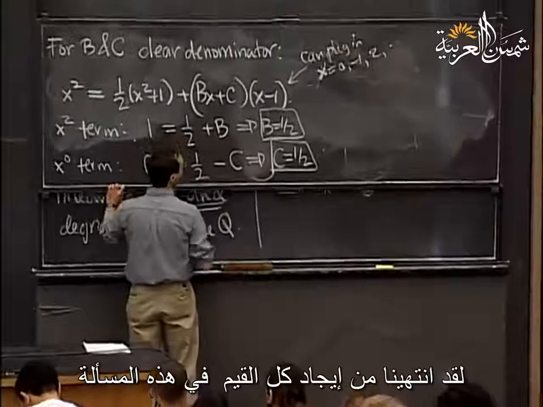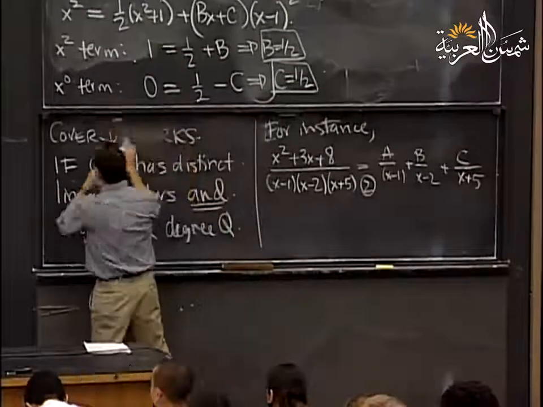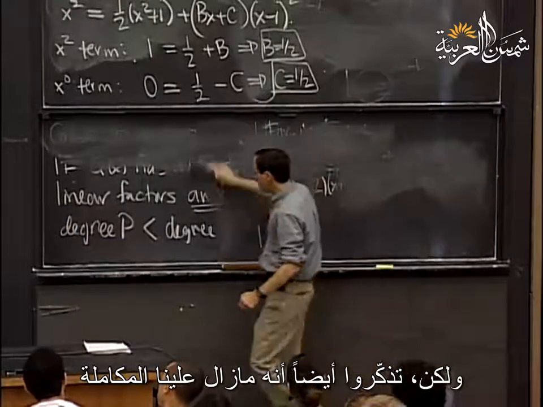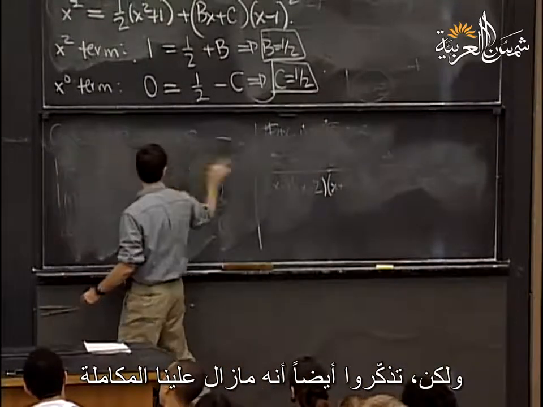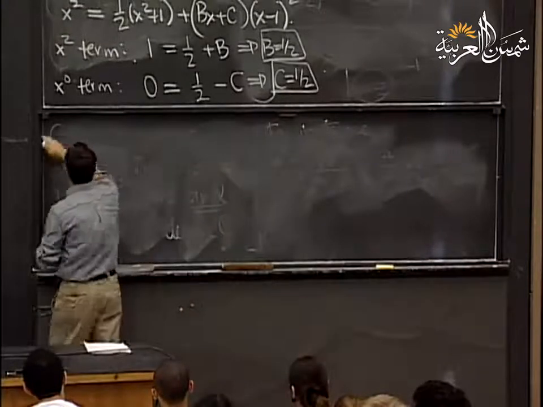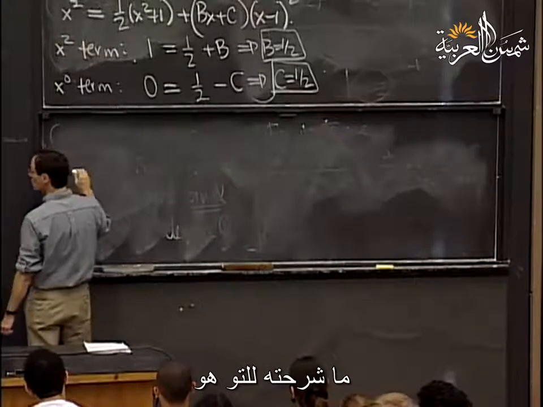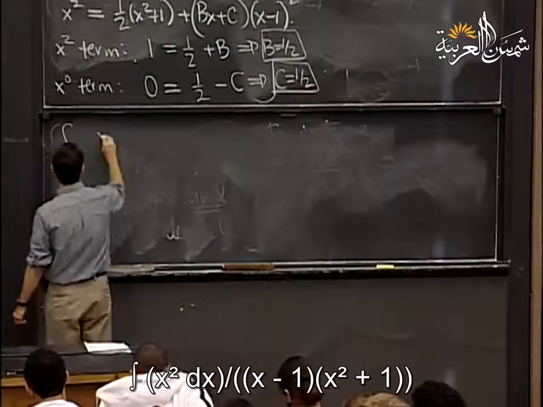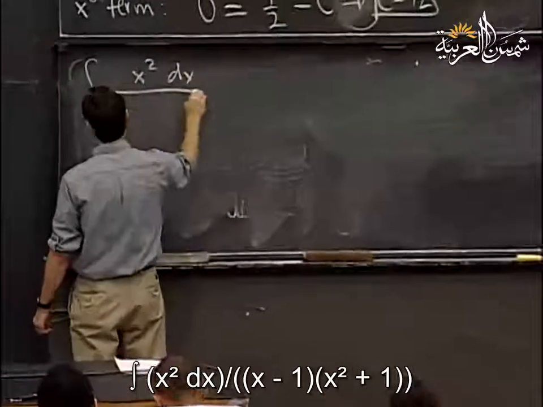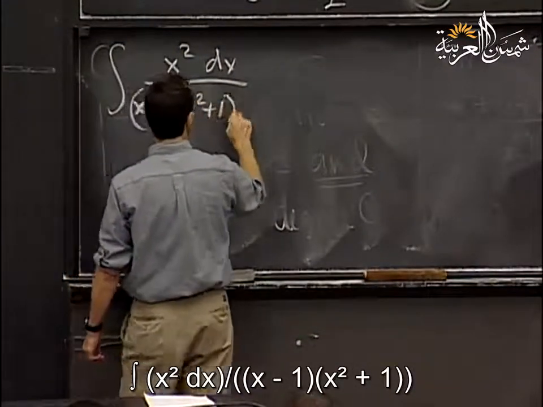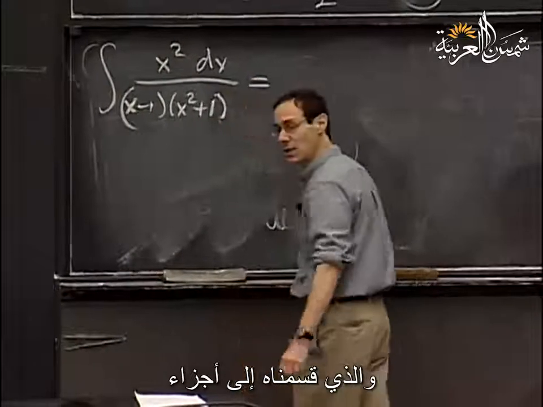So I figured out what all the values are, but I think it's also worth it to remember now that we also have to carry out the integration. What I've just shown you is that the integral of x squared dx over x minus 1 times x squared plus 1 is equal to, and I've split it up into these pieces.